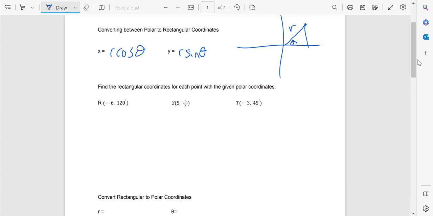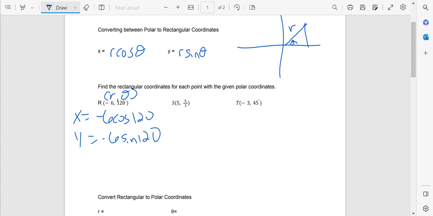We got point -6 comma 120, and we need to find rectangular coordinates. So simply put, remember from previous sections, it's r comma theta. So if I just do x equals -6 cosine 120, y equals -6 sine 120, what would you get?